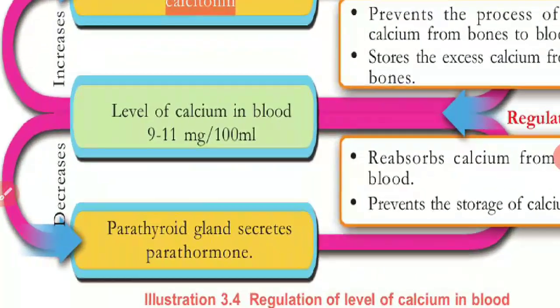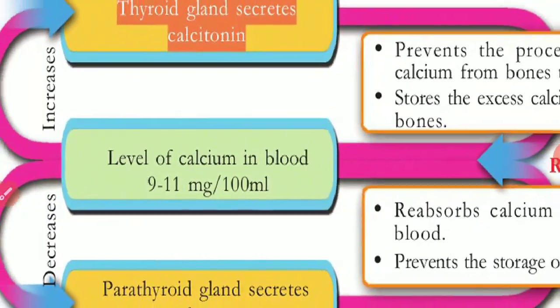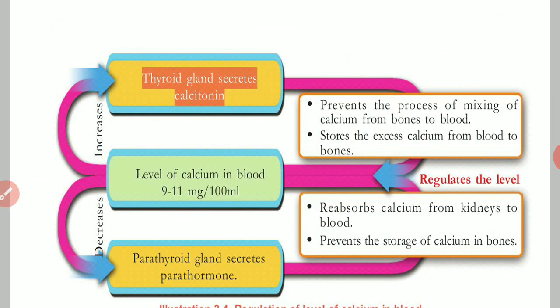Here you can see the level of calcium in blood, that is 9 to 11 mg per 100 ml. Let us see how the level is controlled by both hormones, calcitonin and parathyroid hormone.